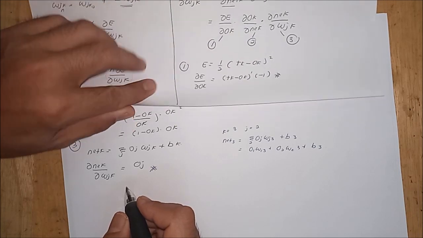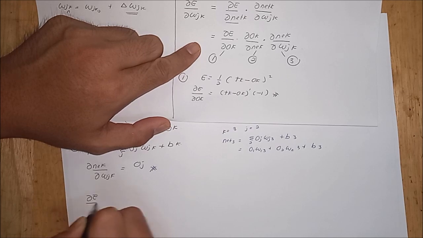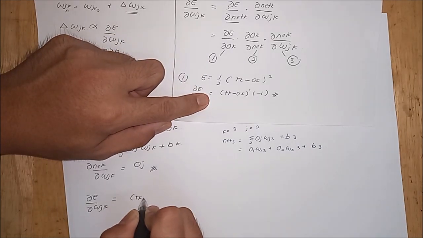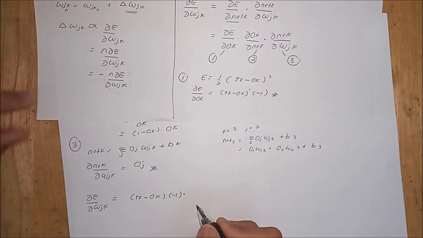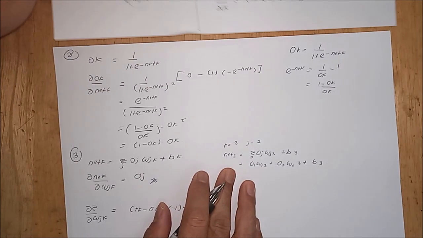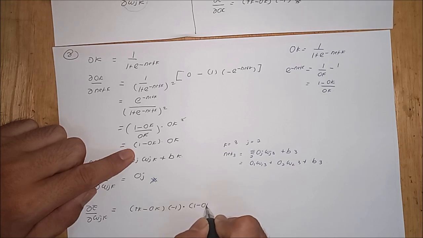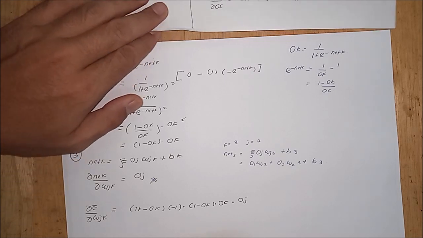So from here, our dE over dwjk will become part 1, which is negative (tk minus ok), times part 2, which is (1 minus ok) times ok, and then part 3 is oj.